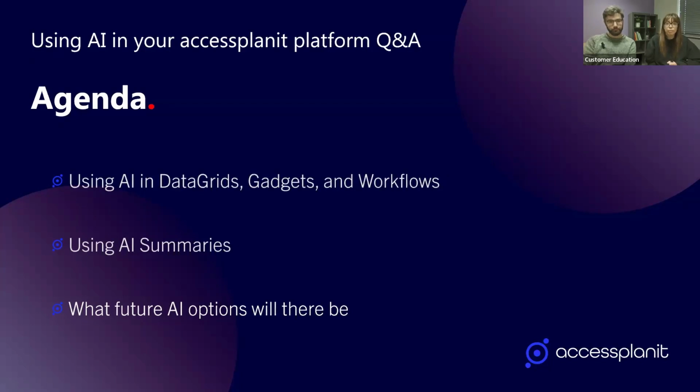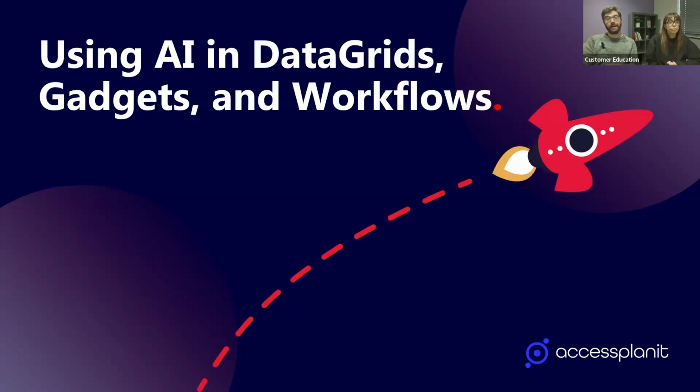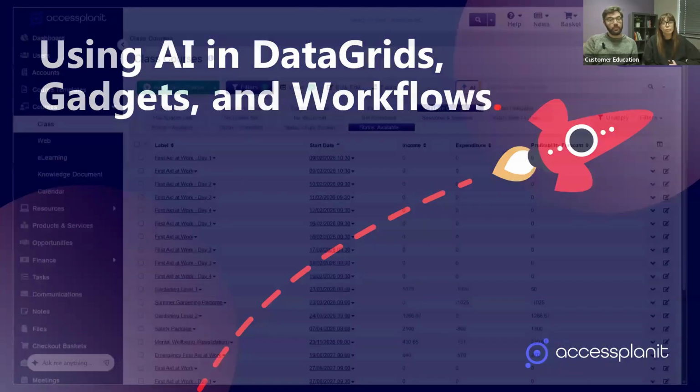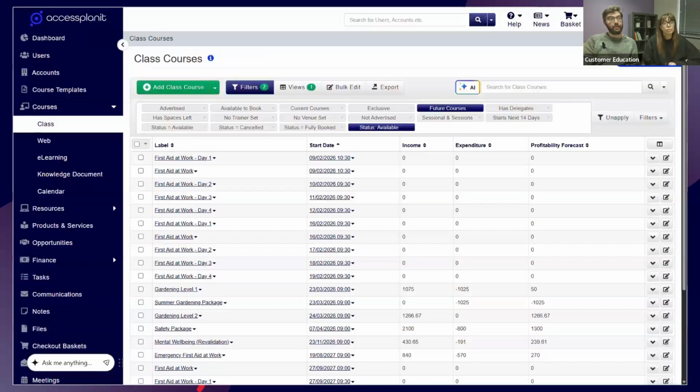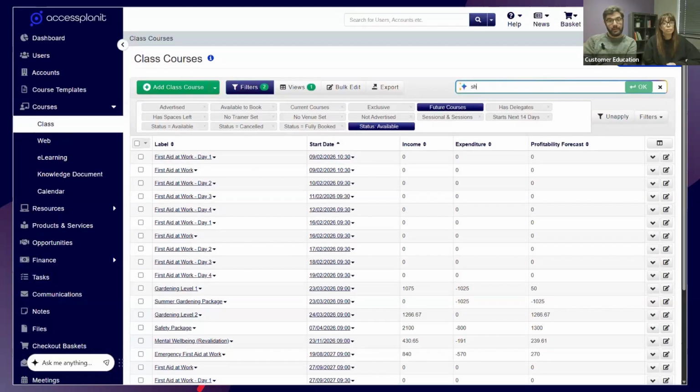Thank you, Hannah. So for anyone who hasn't used the AI features in DataGrids, gadgets and workflows, here is a little whip tour first. From any data grid, you'll now have an AI button. You'll see it at the top there. It's all shiny. Clicking on this will give you a prompt box.